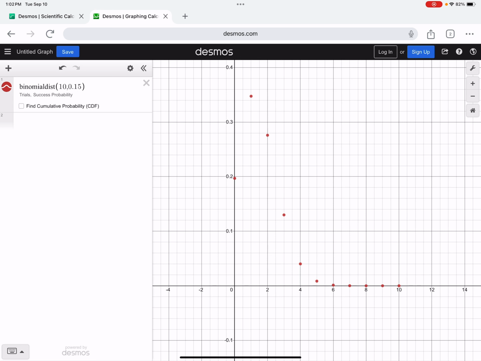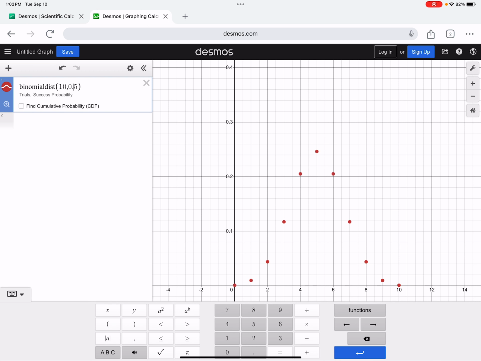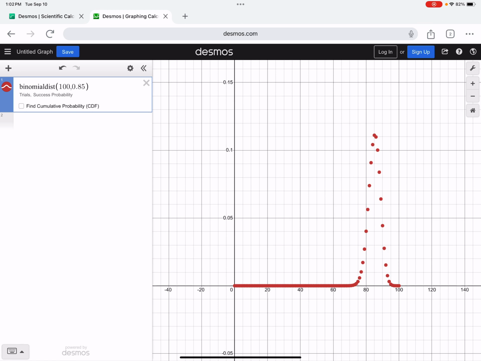rather than a symmetric one. But as n gets large and as p gets close to 0.5, if I make p 0.5, well, now it's symmetric, right? If p gets bigger than that, then it's not symmetric anymore. Now it's right skewed. Okay? But if I make n large, if I make n 100, then suddenly it's roughly symmetric again.